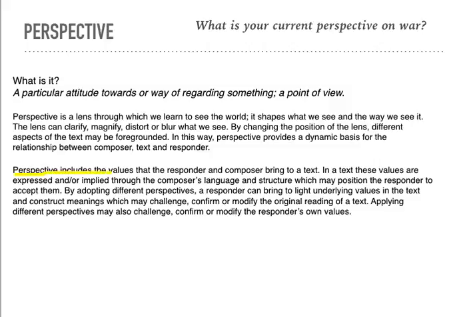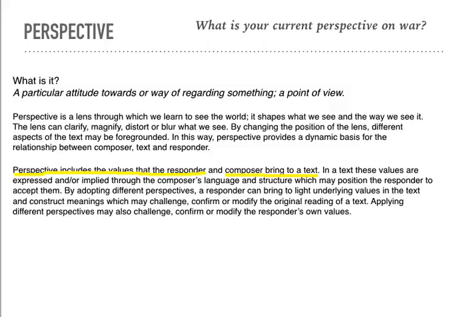Importantly, perspective includes the values that the responder and the composer bring to a text. So your values, the values that you bring to the text, and the values that the composer brought to the text when they were creating it. In a text, these values are expressed and or implied through the composer's language and structure, which may position the reader to accept them.